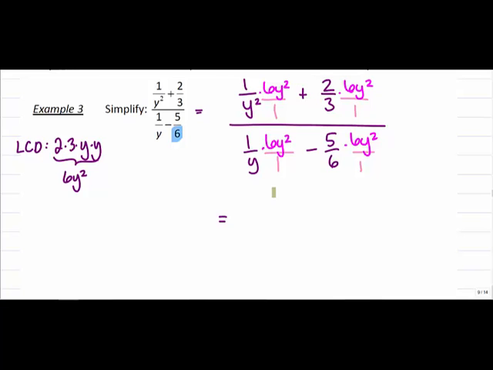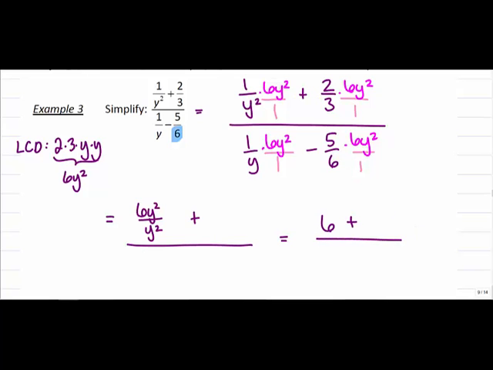But if you don't like doing it that way, you can multiply 1 times 6y squared over y squared times 1. But like we said, that's going to give you 6. Now for the 2/3.